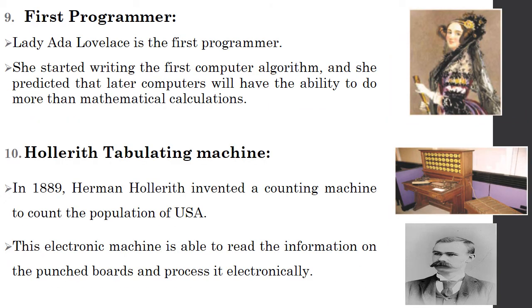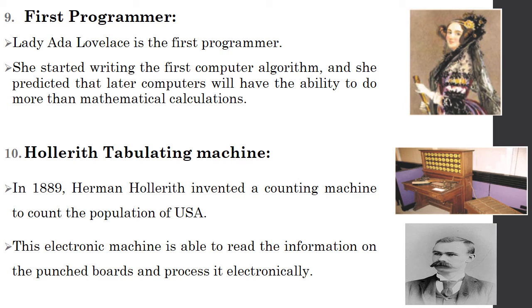Ninth one is the first programmer. A lady called Ada Lovelace is the first programmer who wrote programs in computer language. First she started writing computer algorithm. Algorithm is a step-by-step procedure to solve a given problem. So any problem that is given to you, you write it step by step.